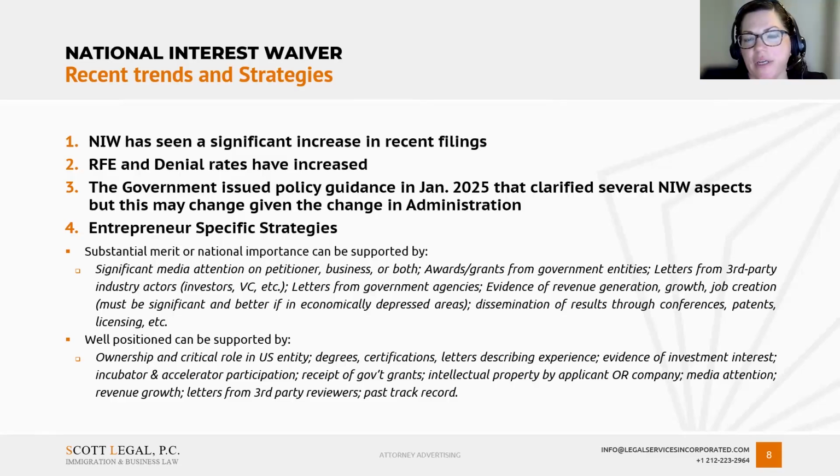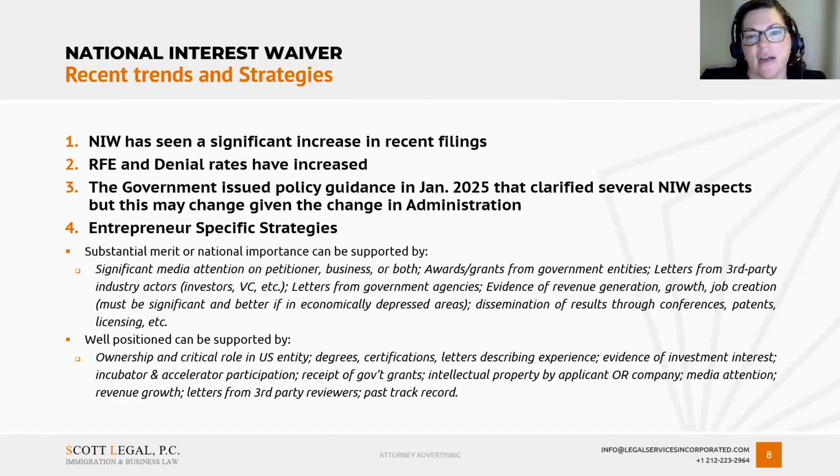Okay, so under the third point, the government did issue some policy guidance that clarified several national interest waiver aspects. The last time was January 2025, when USCIS issued a policy update.